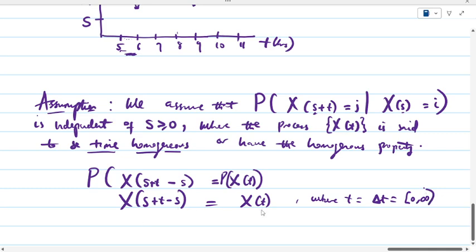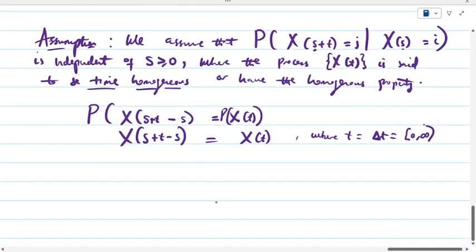So what we are saying is that if we have our time 0, our time at x, and also our time at t, here we have our i and here we have our j.